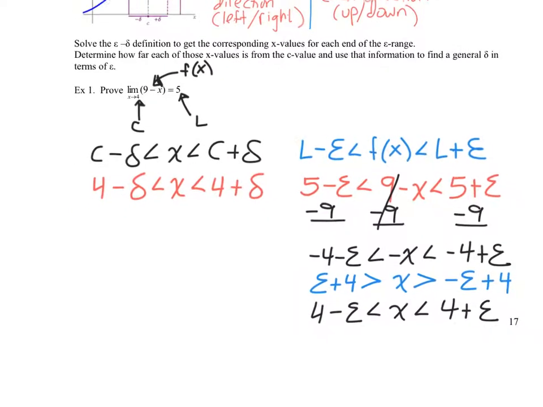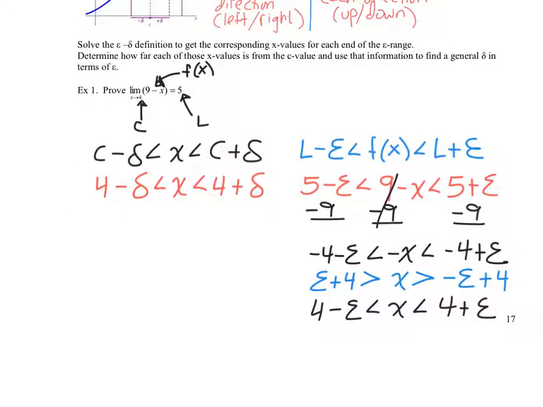All right, so let me just do this. Let me take the lower bounds: 4 minus delta is equal to 4 minus epsilon. That's a nice one because that simplifies down to just delta equals epsilon.